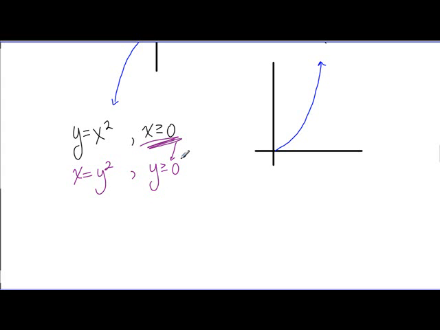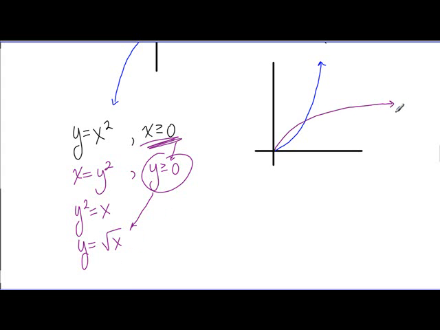Now, when I take the equation y squared equals x, and I take a square root of both sides, I'm only going to consider the positive square root because I am told in that line there that y has to be greater than or equal to 0. It won't ever be negative. So the graph of y equals square root of x looks something like this. And that is a function.